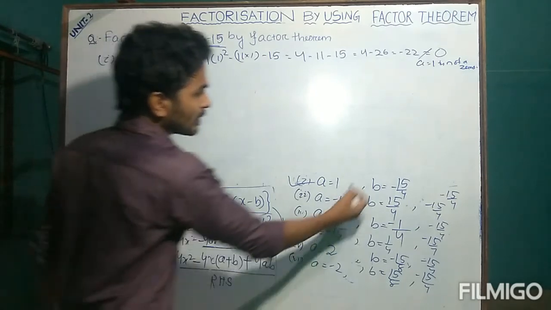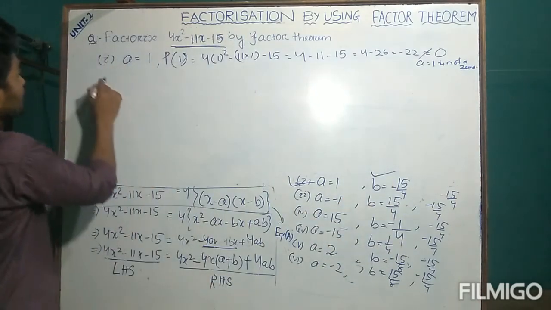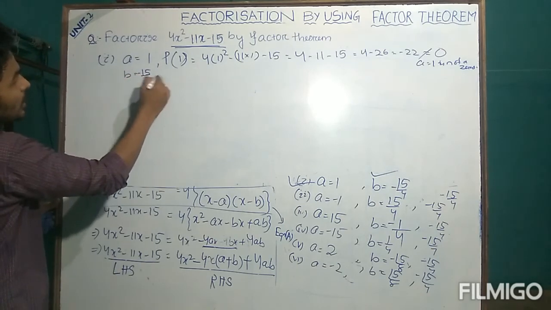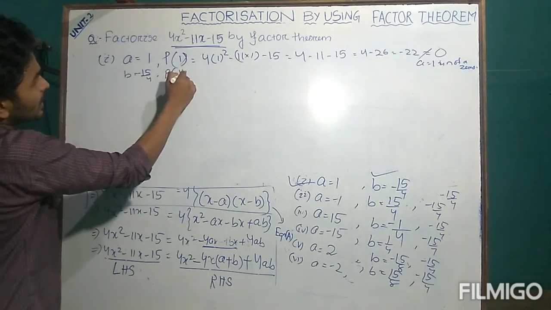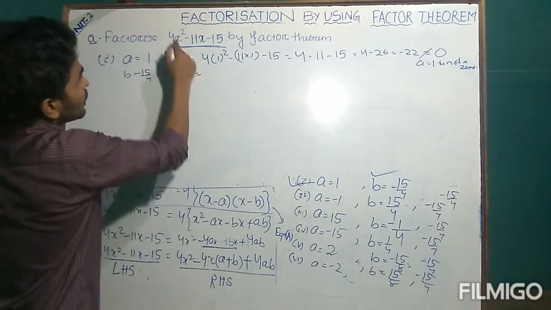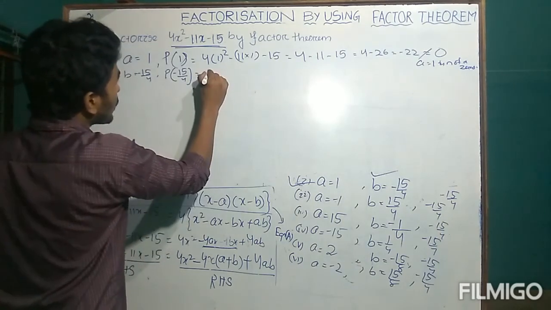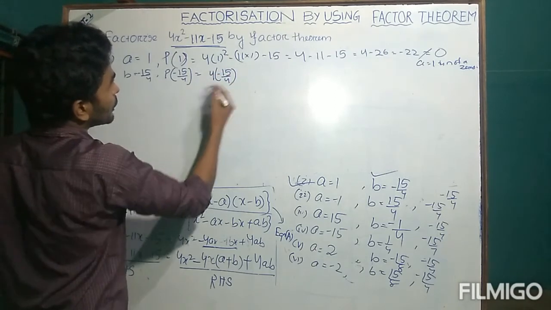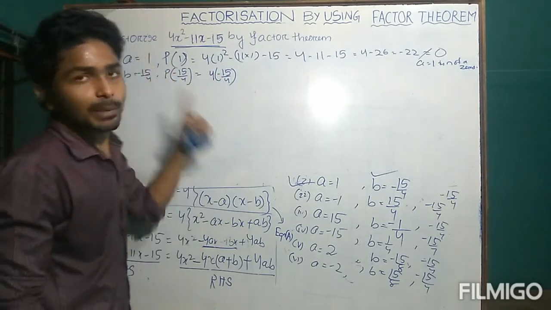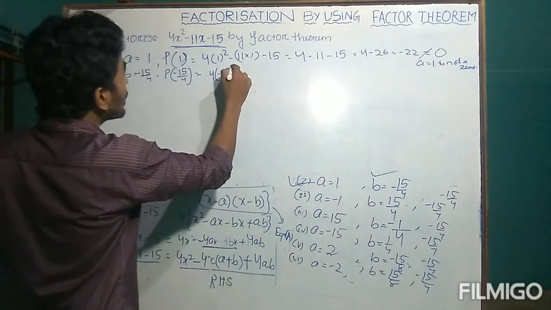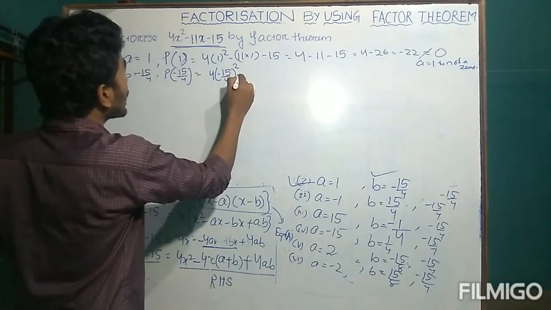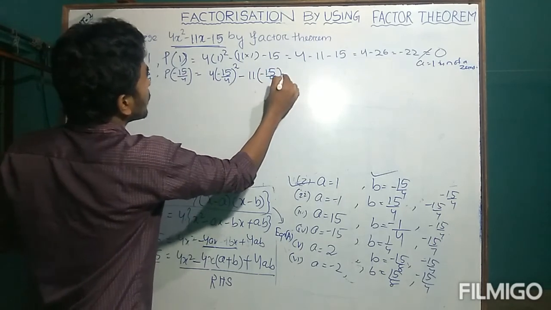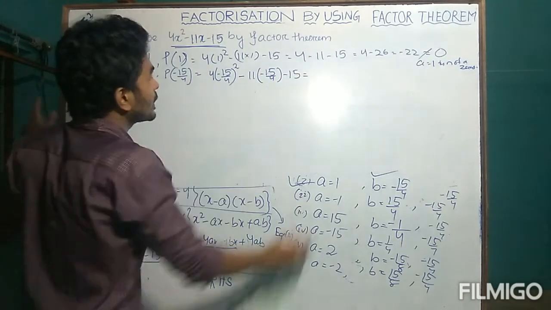Now let us check for the second, b. b is equal to minus 15 by 4. So p of minus 15 by 4 is equal to, let us put this in the polynomial, 4 whole into minus 15 by 4 square. While calculating such type of polynomial, you should be careful whether to use brackets or not. Minus 11 into minus 15 by 4 minus 15.